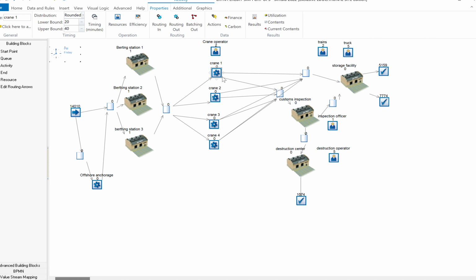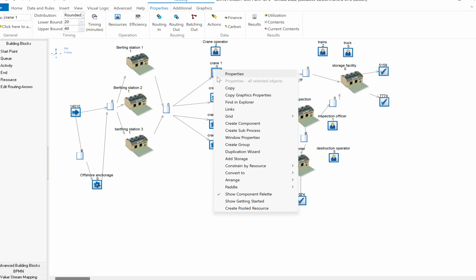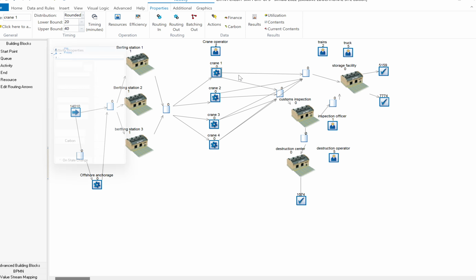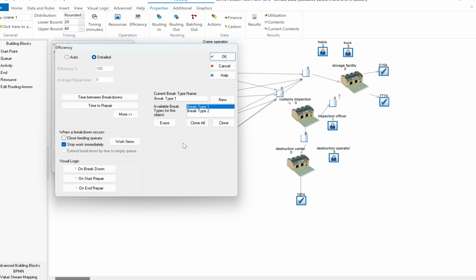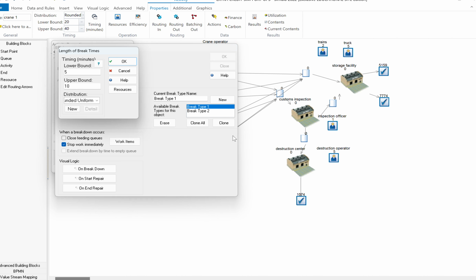To talk about the breakdown time on these, click here, click on properties, and look at efficiency. The current breakdown type is breakdown type 1. If we click on that and look at time to repair, you can see it's a lower bound of 5 and an upper bound of 10.